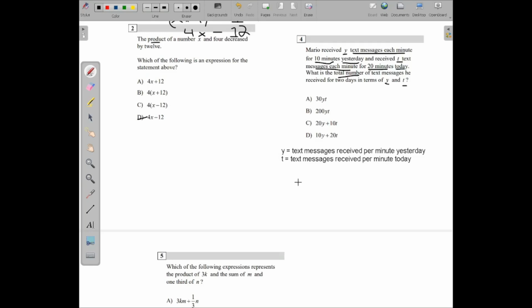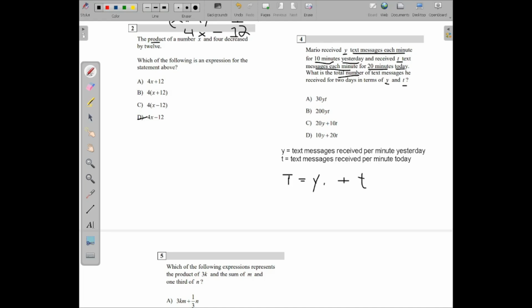So the total is going to be equal to the sum of the y amount of text messages we received yesterday plus the t amount of text messages we received today. And we have to multiply the minutes because you receive each minute for 10 minutes.